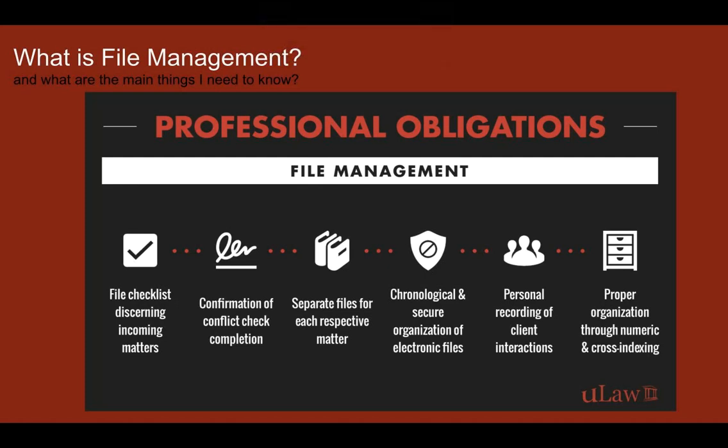And you also have a proper organization through numeric and cross-indexing, and one of them is definitely an alphanumeric system, where in uLaw as well you would see that each and every file has an attributed alphanumeric number, completely unique, and it does not match any of your serial numbers or sequential numbers. So it is always important to have a unique cross-indexing number for each and every file.